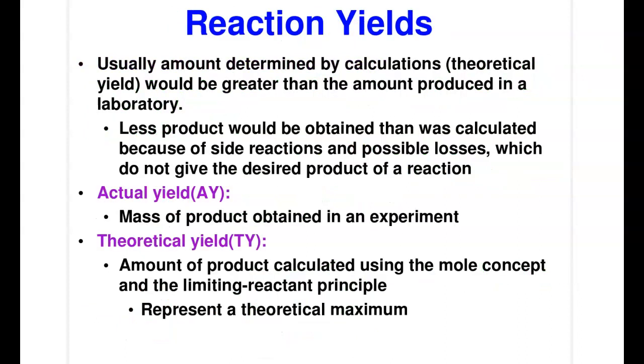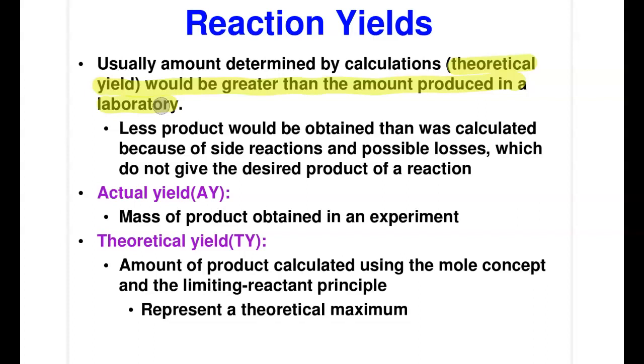That takes us to some important terms we need to define before we move on. Usually the amount determined by calculation, which is the theoretical yield, would always be greater than the amount that is made in the laboratory. The theoretical yield will always be more because it is expected to be 100% of what you calculated, when no product is lost.